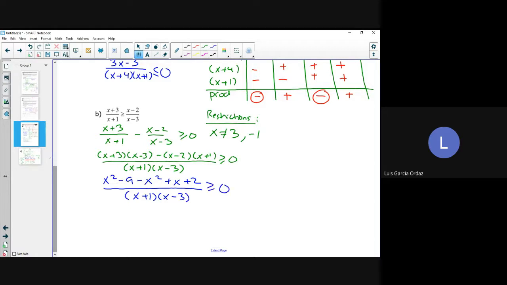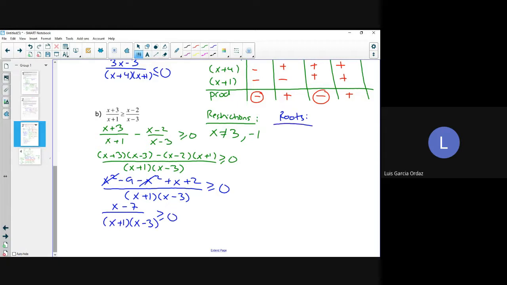So now we're going to collect the like terms and simplify. So the x squareds cancel each other out, and we're left with x minus 7 over x plus 1 times x minus 3 greater than or equal to 0.